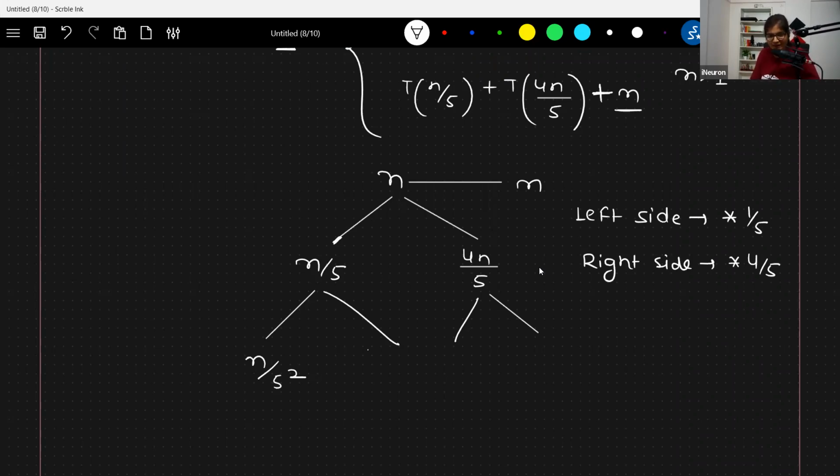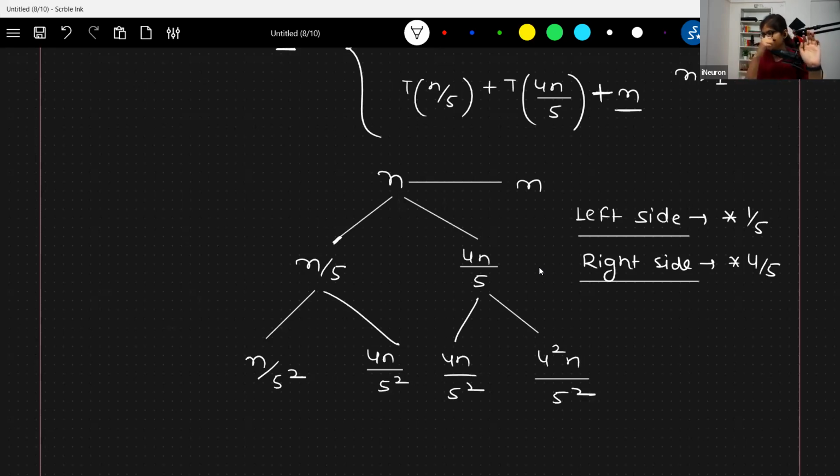So on the right side, you will get 4n by 5 square. On the left side, you will get n by 5 square. Just following this pattern only, nothing else. On the right side, I will get 4 square n by 5 square. See this?